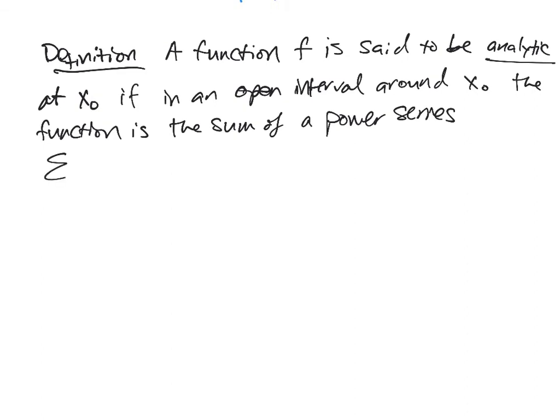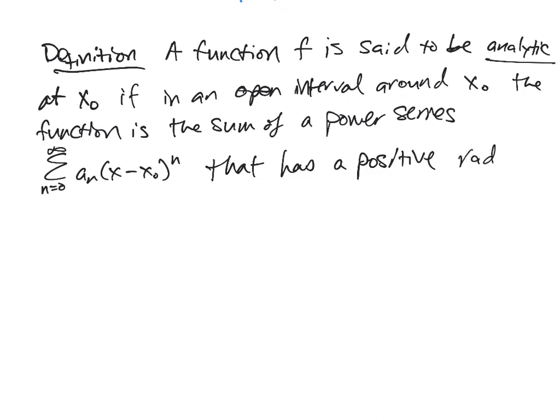The same power series that we always have, the sum from n equals 0 to infinity of a_n (x minus x naught)^n. And we need this to converge for some positive radius of convergence. So some examples of analytic functions are polynomials.